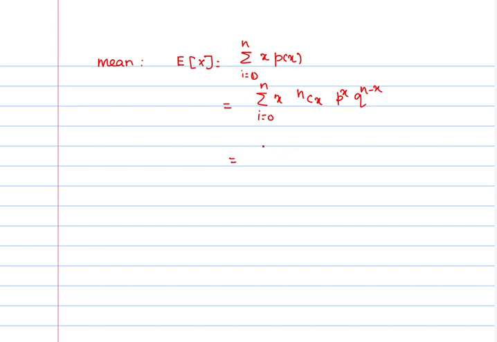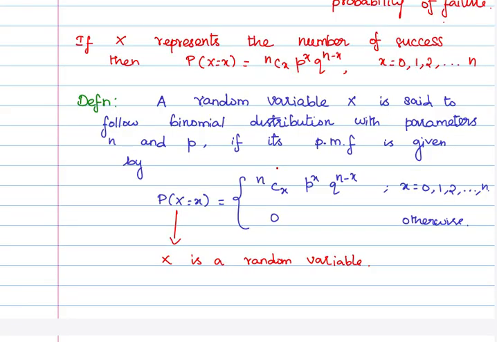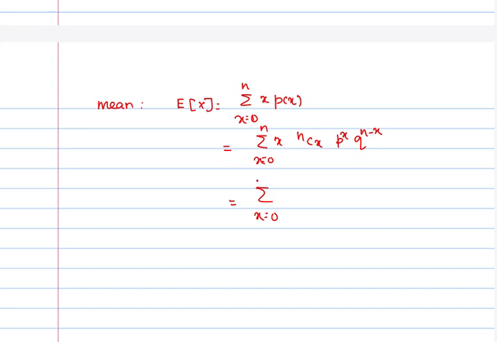Writing nCx with factorials, it is the summation over x from 0 to n of x times n factorial divided by n minus x factorial times x factorial, times p power x times q power n minus x.